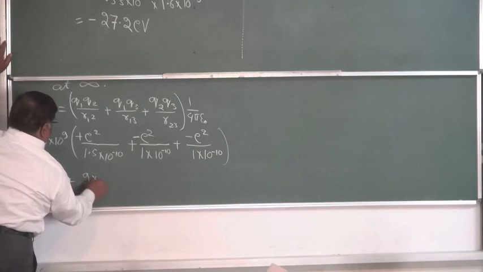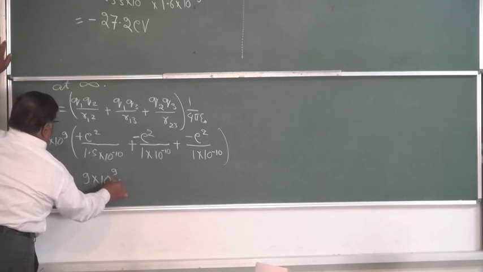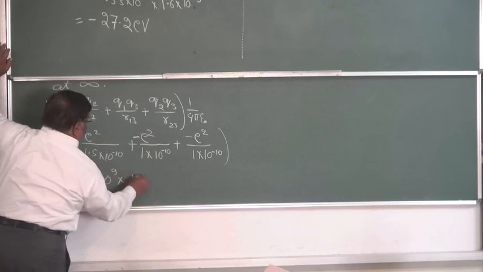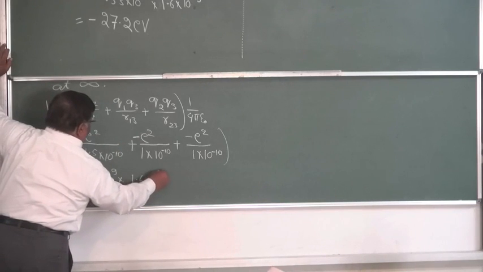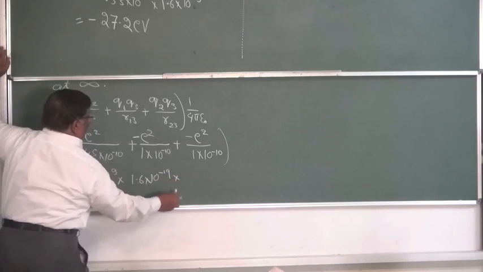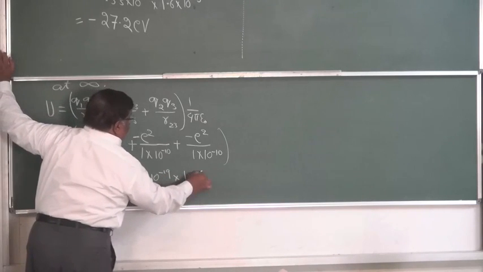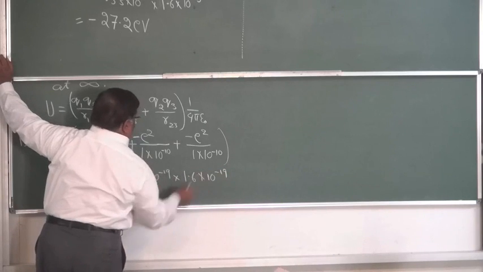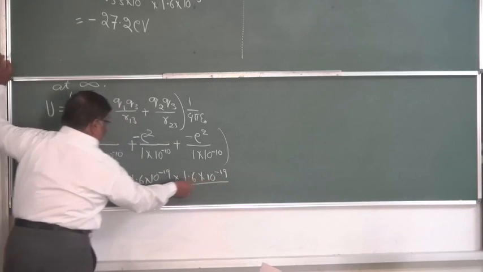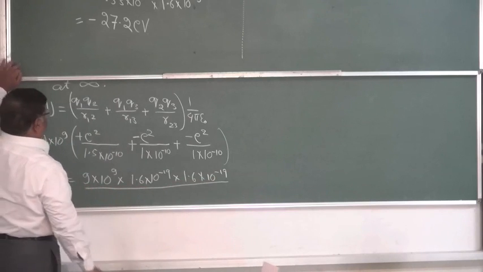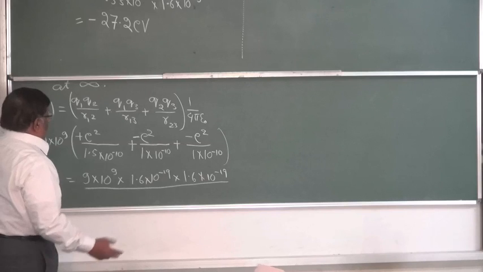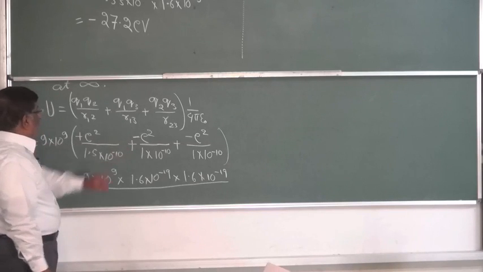So 9 into 10 to the power 9 multiplied by the common E square, 1.6 into 10 to the power minus 19 multiplied by 1.6 into 10 to the power minus 19. This is E square taken out, to be divided by the common term.